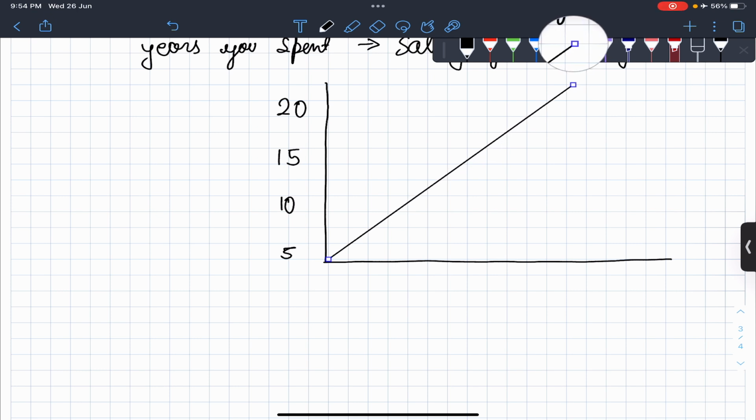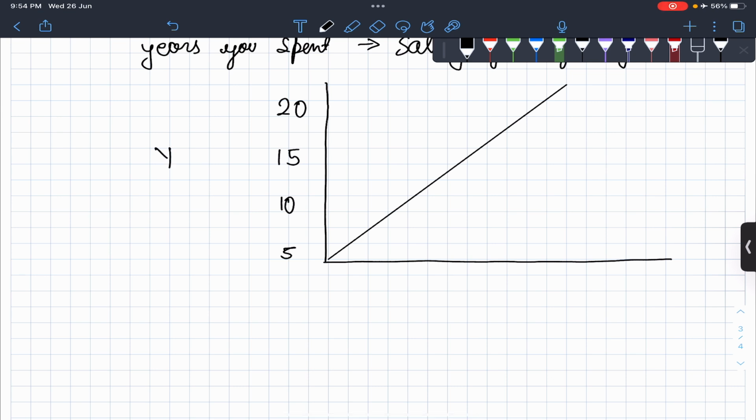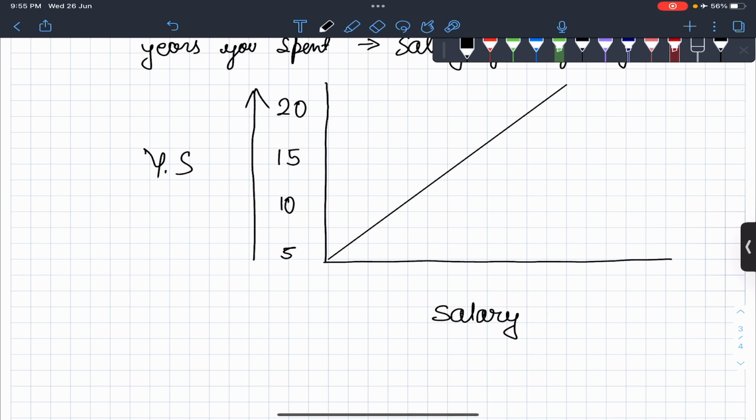So we can keep in mind that this is the salary and this is the years spent. The salary would be something like $1,000, $5,000, or $500,000 per year.